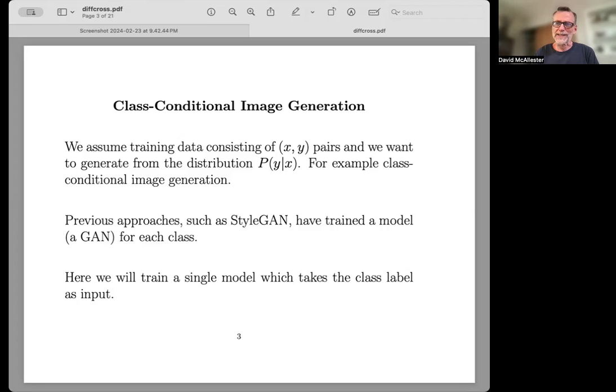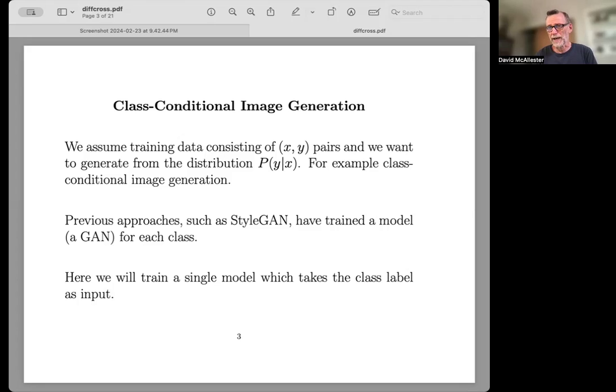Now, previous models, GANs, StyleGAN, train a model for each class. So it'll train a model for faces, a model for horses, a model for cars. What's going to happen in diffusion models is we're going to train one model that gives you a conditional probability.